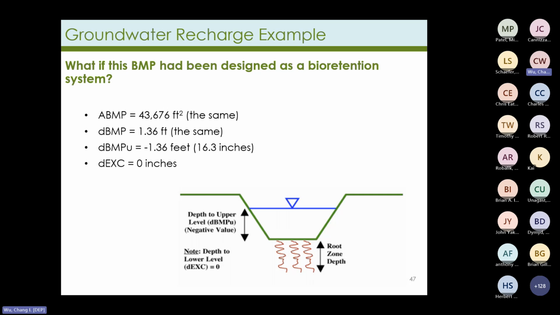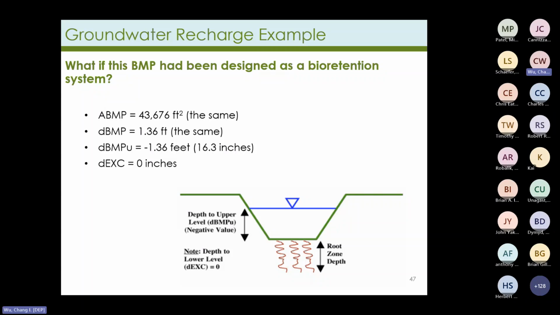into the spreadsheet. But with the same configuration, if you have a different type of BMP that has the vegetated bottom of the BMP, then you will see the inputs are totally different.